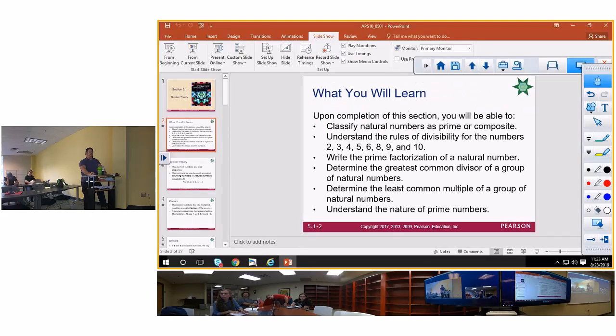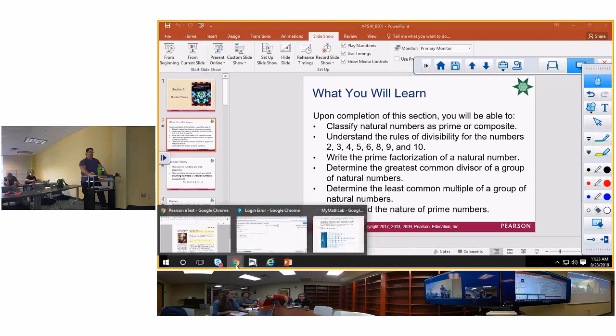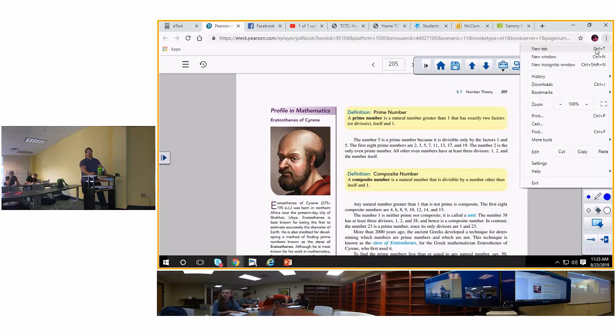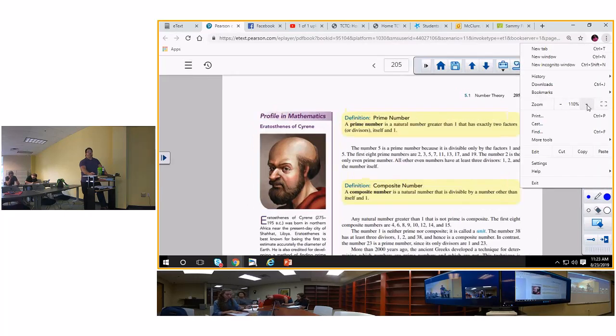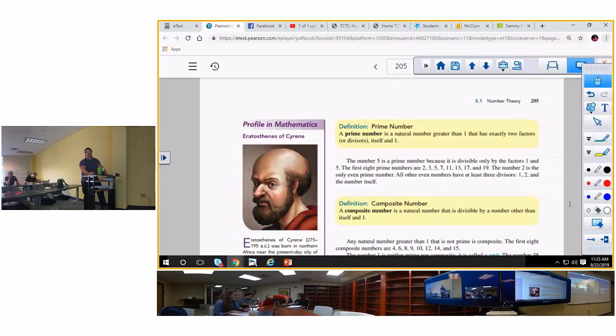So I'm going to go to your handy dandy book, and you're going to look at your book on page 205, and you're going to write down those two definitions. The reason I don't change those definitions is they're pretty short and sweet. A prime number is a number that only has two factors, itself and 1.